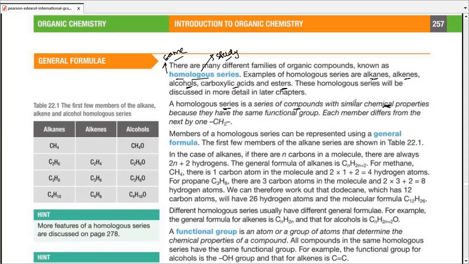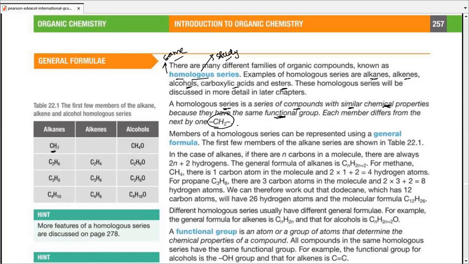They have similar, not the exact same, but similar chemical properties. They have the same functional group. I'm going to explain what functional groups are. And each member differs from the next one by the formula of CH2, which means one carbon and two hydrogen would be different. Let me give an example so that you would know.